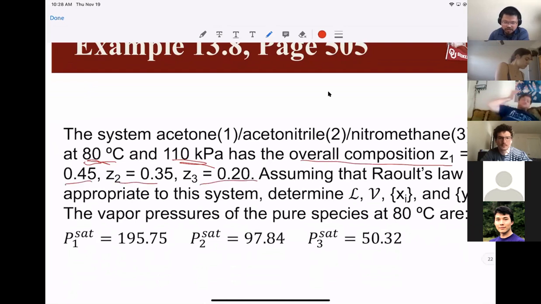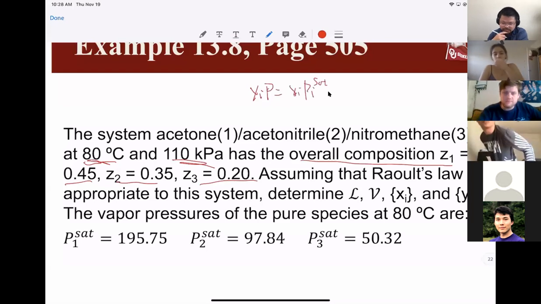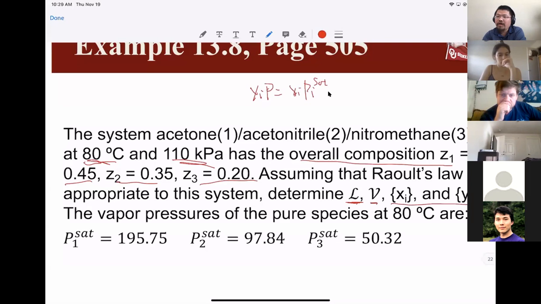Assuming Raoult's law is appropriate to the system, meaning we are able to use yi P equals xi pi sat. We need to determine the liquid phase, vapor phase, and xi and yi values. The other known information is at this temperature, we know the 3 saturation pressures.